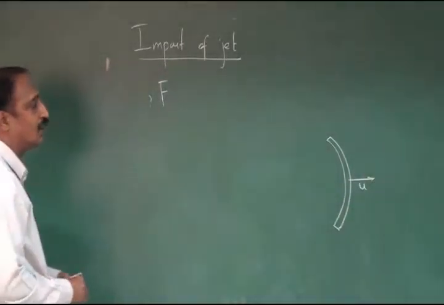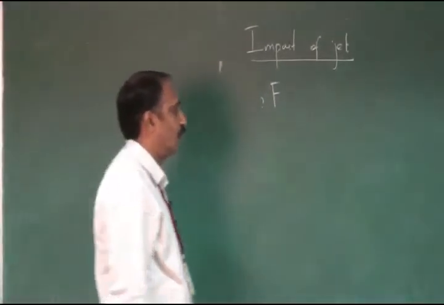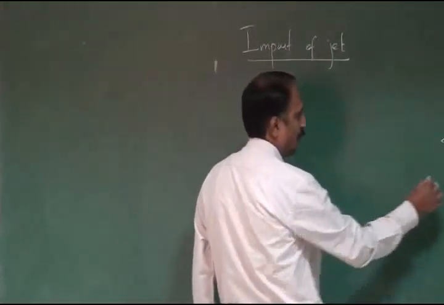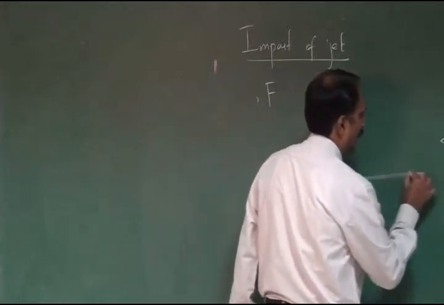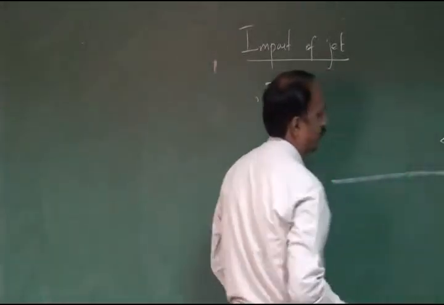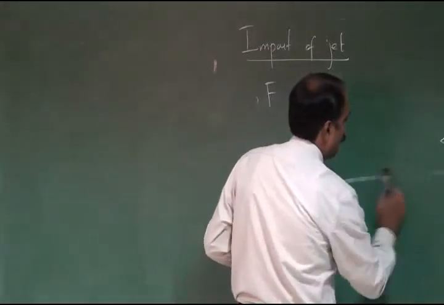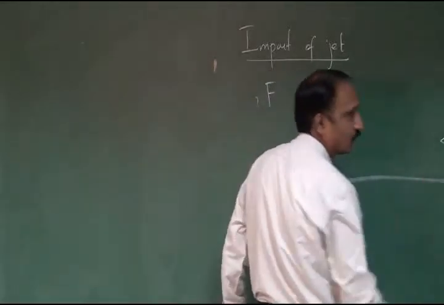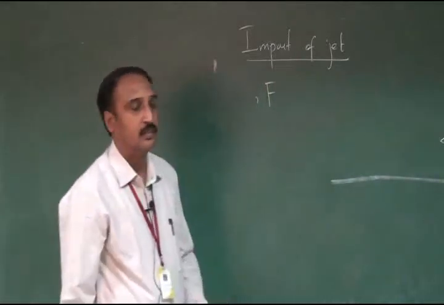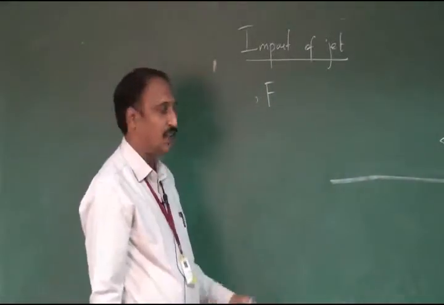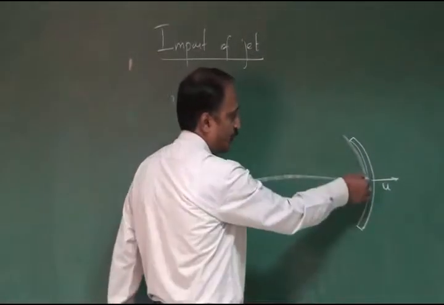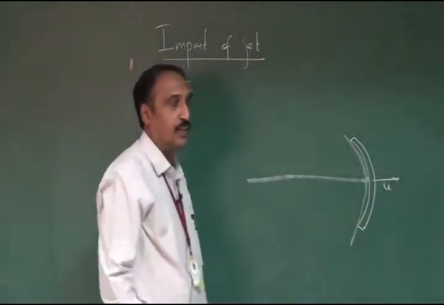Now consider the jet of water which hits the moving plate at the middle, so that it strikes the plate at the center, and part of the jet is diverted to the left side and the remaining part is diverted to the right side.